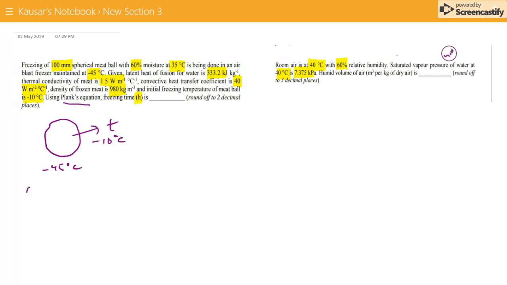Planck's equation is: t is equivalent to latent heat of fusion, which is to be multiplied with moisture content into density, divided by initial freezing temperature minus surrounding temperature, whole multiplied with P into thickness divided by h.